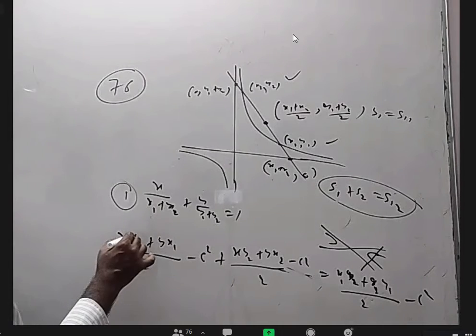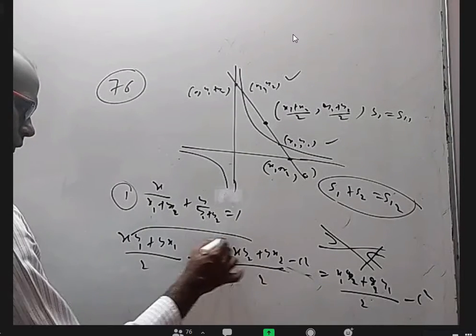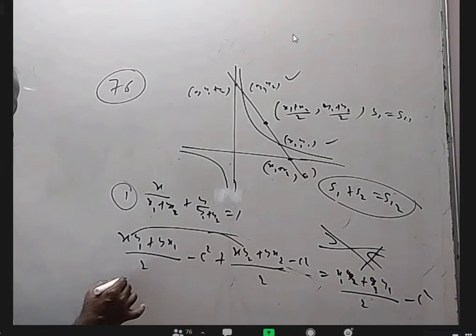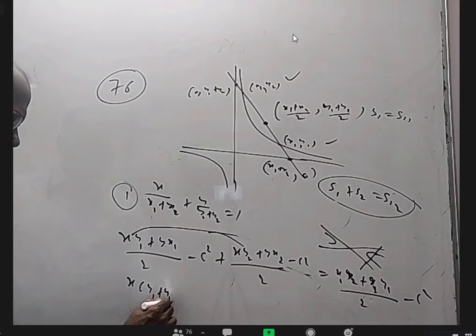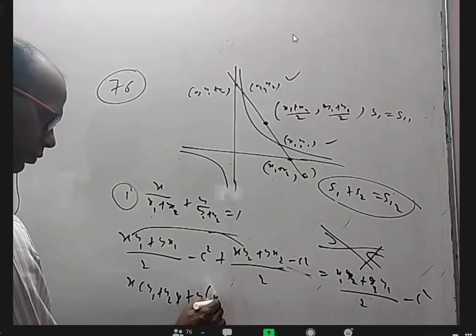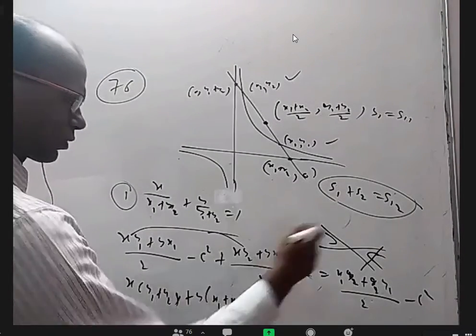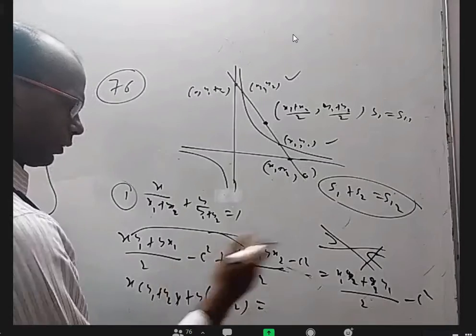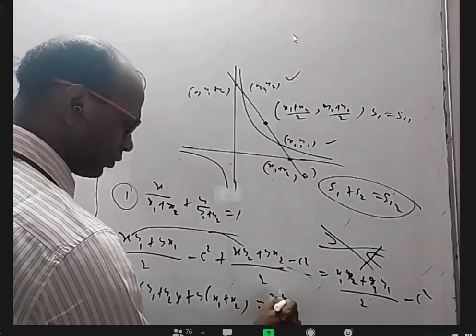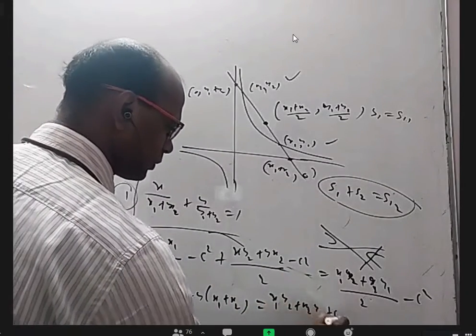Now, if I combine these two, I will get x into (y1 plus y2) plus y into (x1 plus x2). Minus c square will go that side as plus c square, and by 2 will cancel. I will get x1 y2 plus x2 y1 plus 2c square.